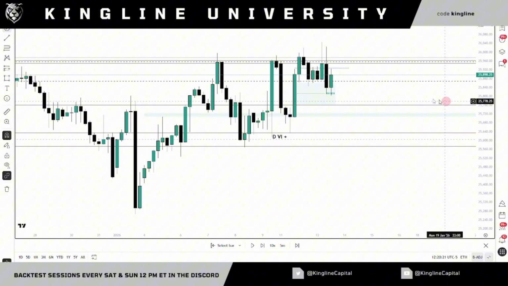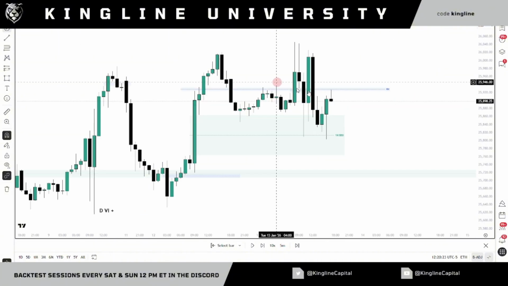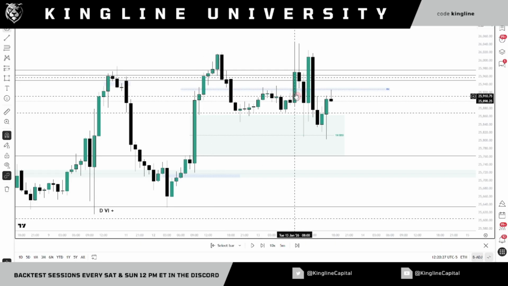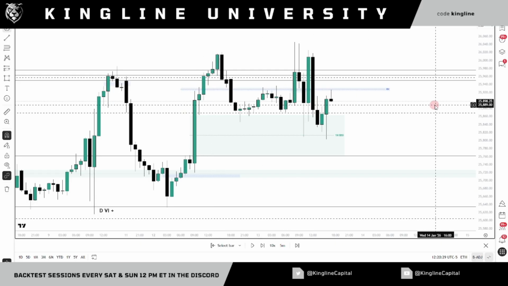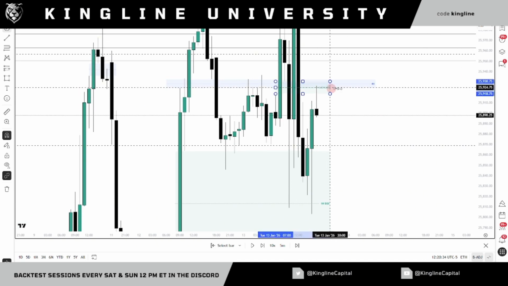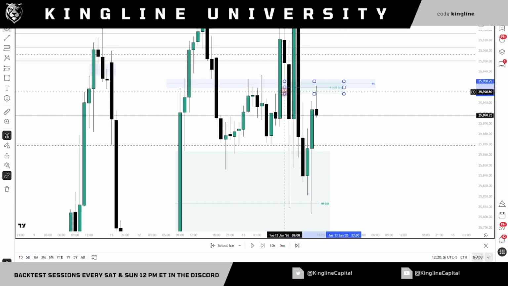And in the 1 hour, it's not exactly the same array, but there is a 1 hour inversion there as well, which I apparently already had marked.